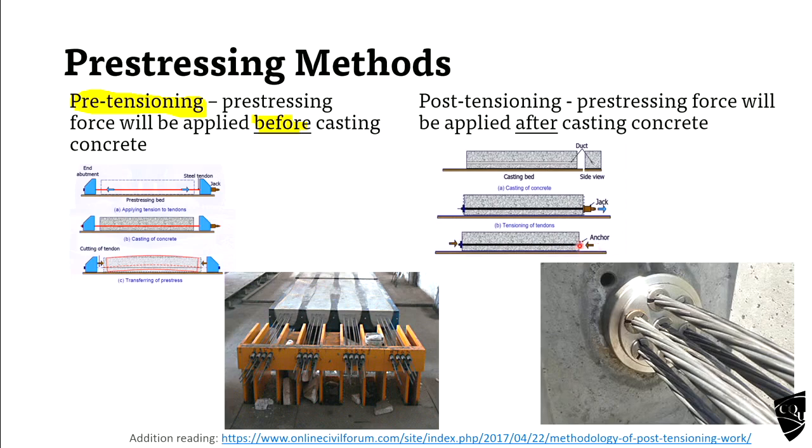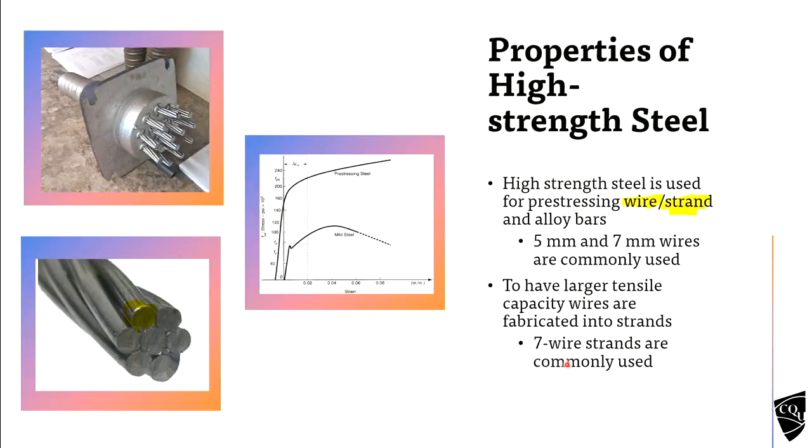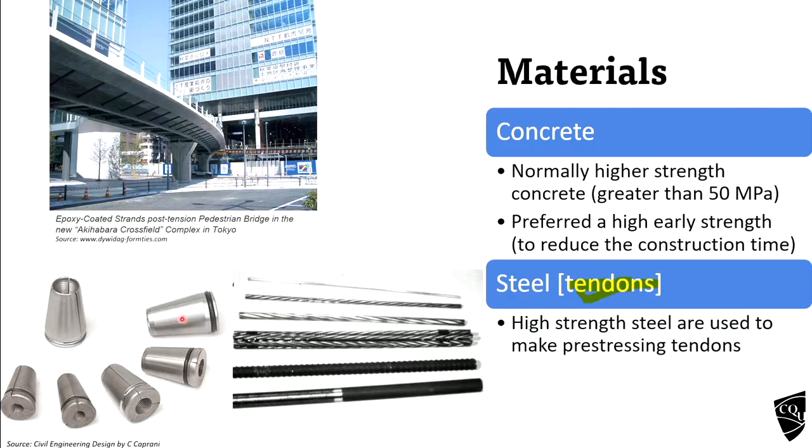Here, when you jack that one and fix that one, we don't use the bolt. Okay, the bolt threads will go very quickly with the high force. So what we do is we use this wedge. This is the same thing here, the wedges. You can see this wedge will help to fix the other end.